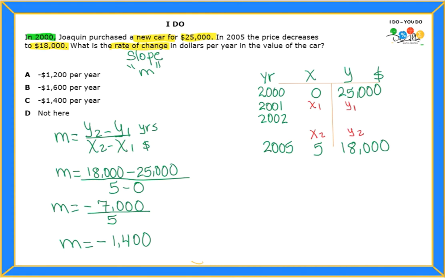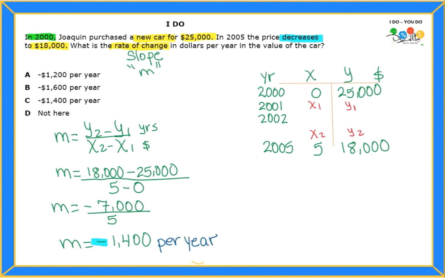My negative sign is coming from the problem saying that it decreases. So the negative sign matches that. So I can see that it's decreasing. So how much was the value of the car decreasing per year? 1,400 per year.